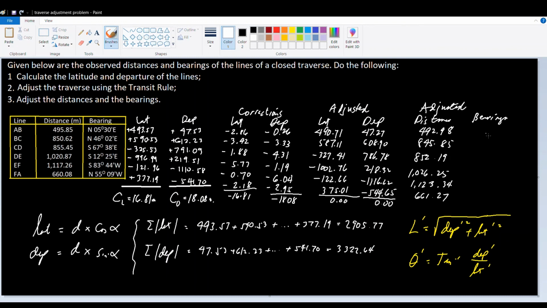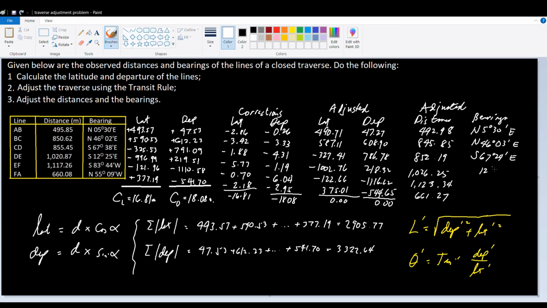For line AB, it is north 5 degrees and 30 minutes in the northeasterly direction. Then 46 degrees 03 minutes northeast, followed by 67 degrees 24 minutes southeast direction for CD.